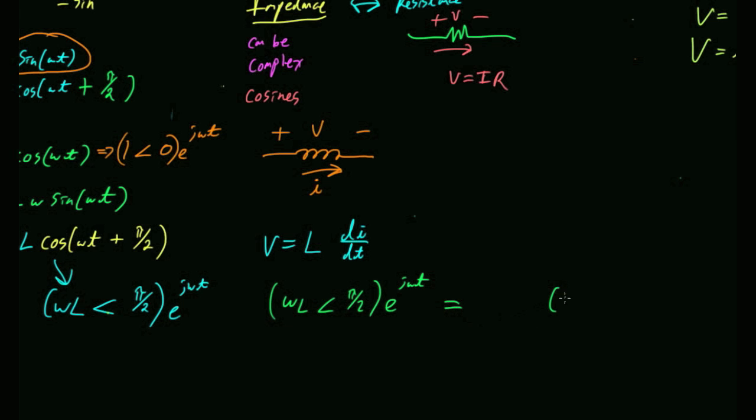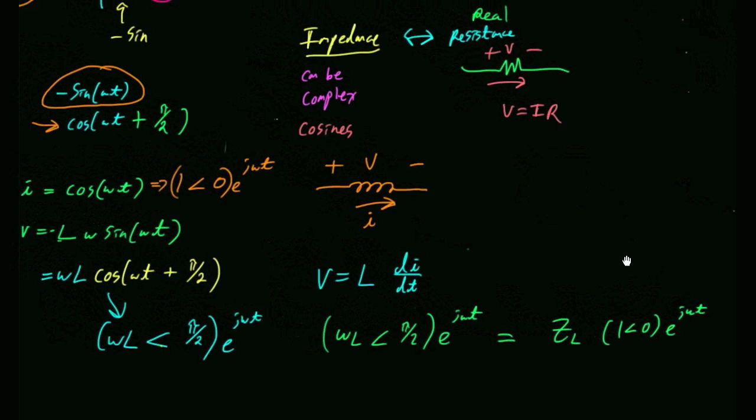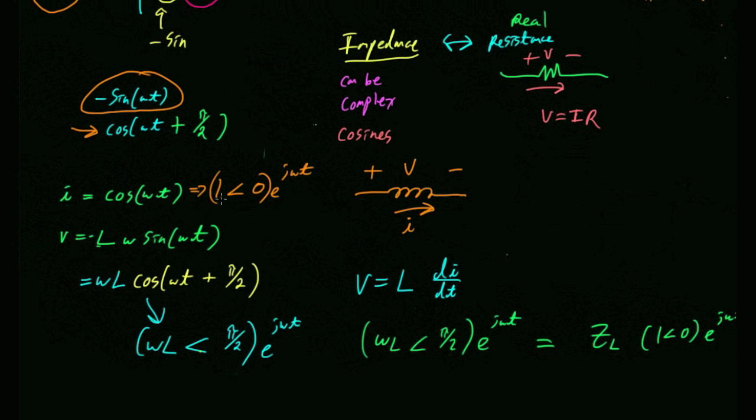So that's my I, times Z. And I'm going to put Z sub L just to indicate that that's the complex impedance of my inductor. Yes, sir? Omega L angle pi over 2. I'm sorry, over here? Oh, yeah, this is 1 angle 0.